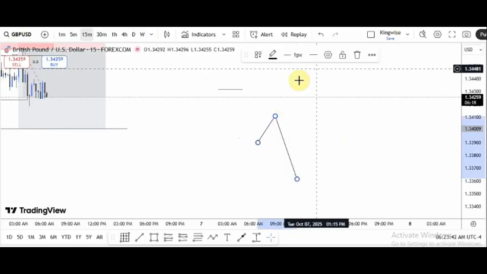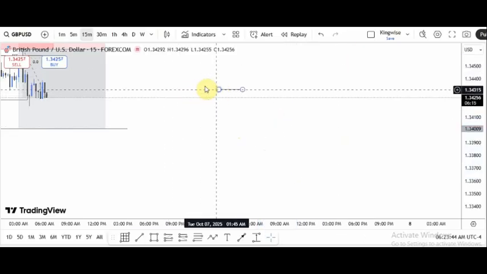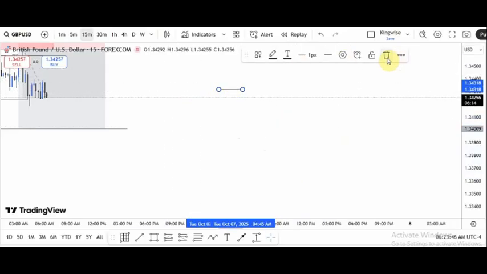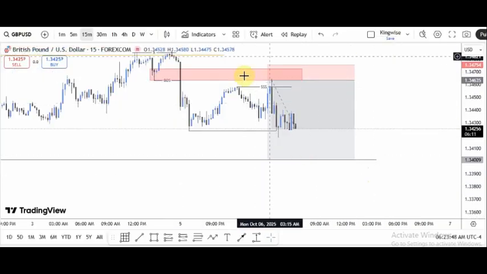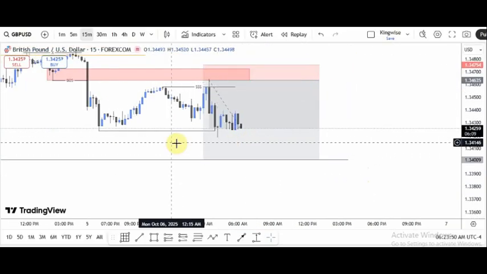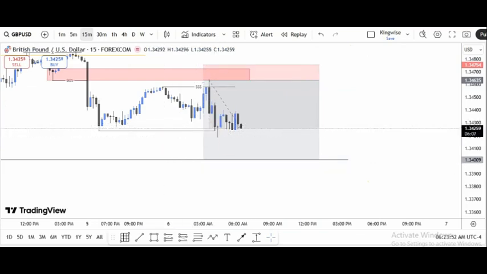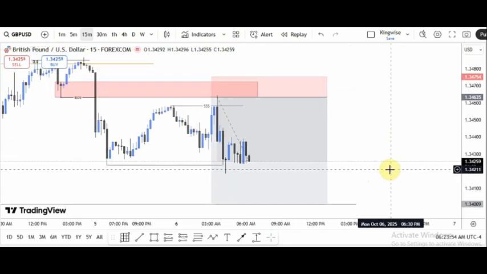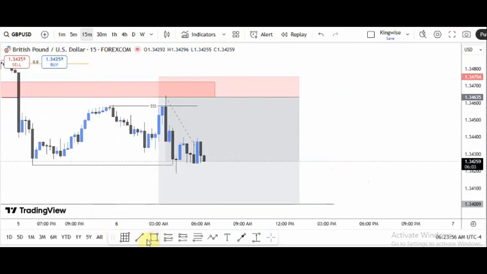So then, in case you missed the first entry here, you can also still get another entry. Yes, you can get another entry. This is another entry. After this push, we had this break of structure. Let's mark it out.